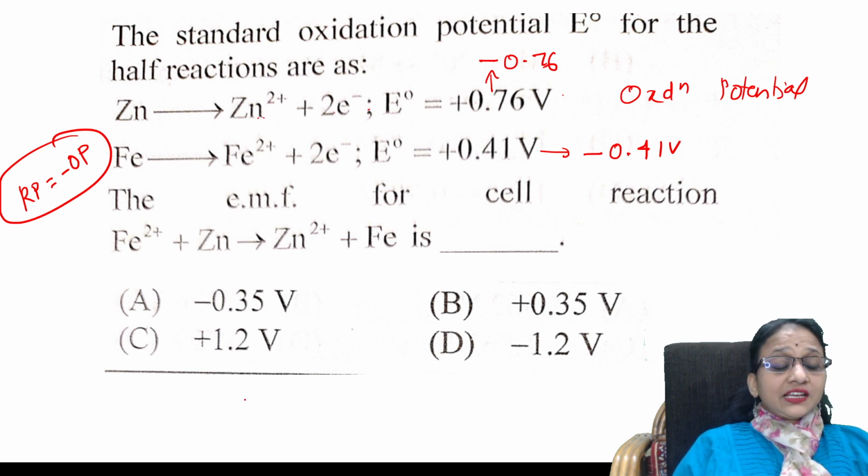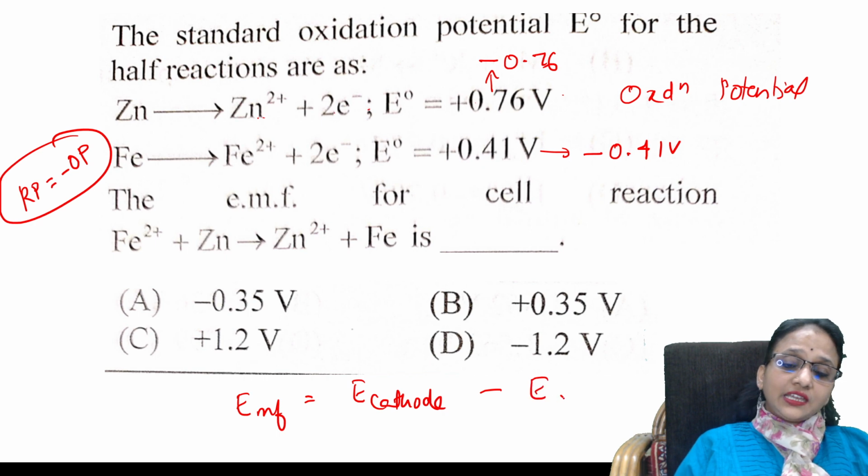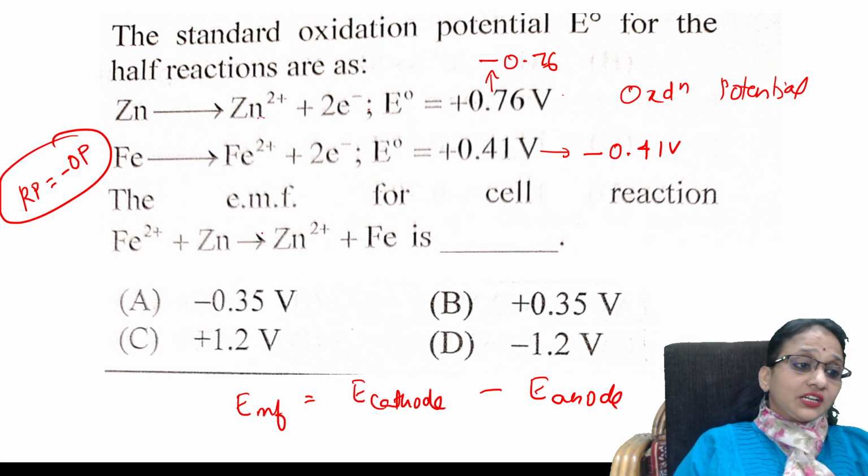So EMF of the cell, they asked me. EMF, or rather E naught cell, is nothing but cathode minus anode. Correct? E cathode minus E anode. Let me do it on the next page. So, students, how much is the cathodic compartment reduction potential?